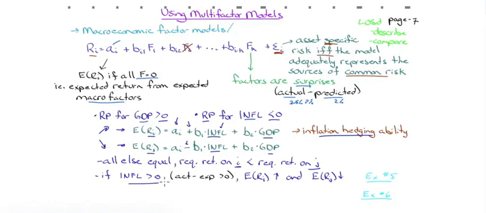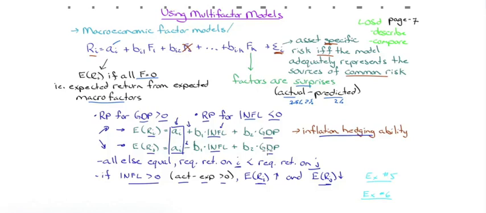So if inflation is greater than 0, in other words, actual minus expected is greater than 0, the expected return on asset I will increase. The expected return on asset J will decrease. That's all that thing was saying. It's talking about required return, and the model is calculating expected return. Required return is captured in here. And if everything comes in as expected, the required return will be the expected return.